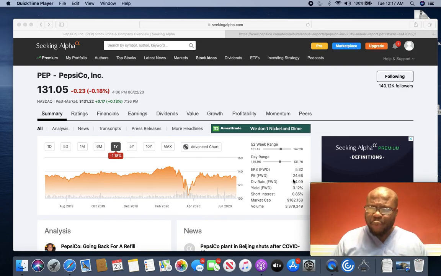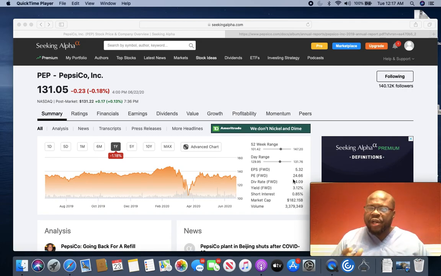Which one is more expensive? Well, it's comparing apples to oranges, right? $131 is a higher price, but is it really more expensive? The PE ratio, or the PE multiple, is a way of making them equivalent, comparing apples to apples.